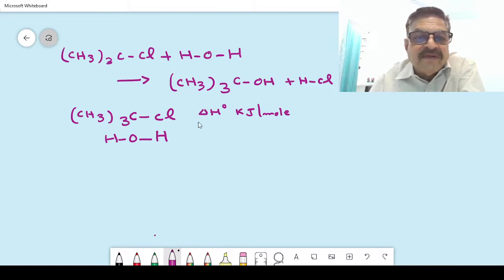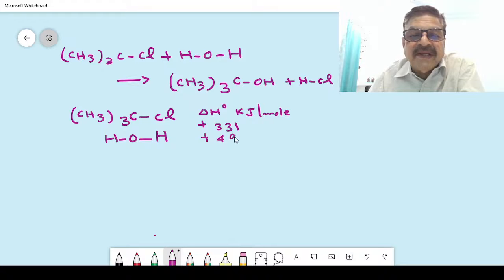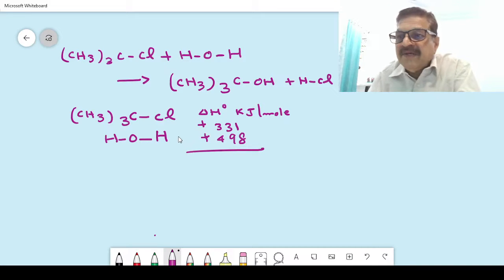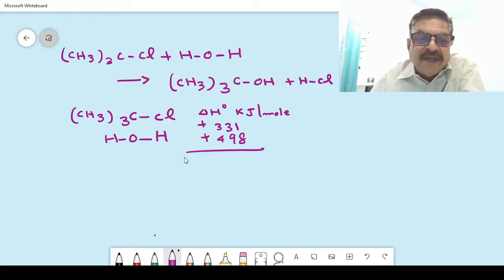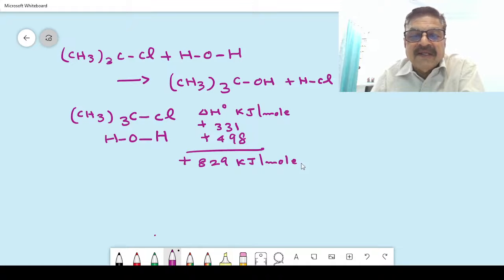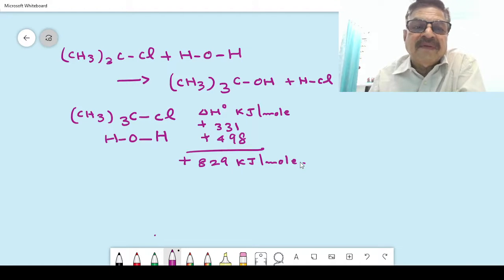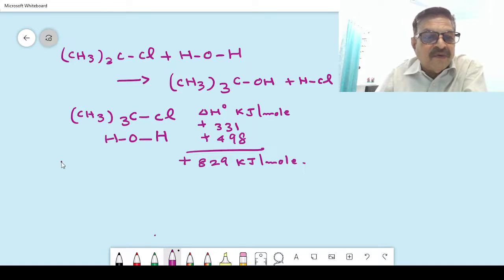This is found to be 331 kilojoules per mole, and this one is seen to be 498. Therefore, the total energy needed to break the bonds will be plus 829 kilojoules per mole. This is the energy needed for bond breaking.